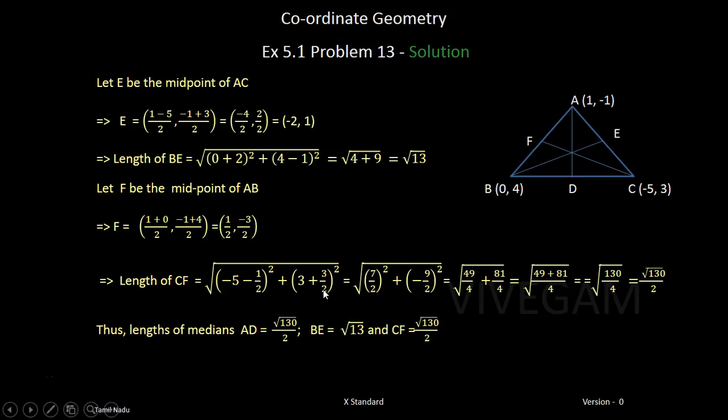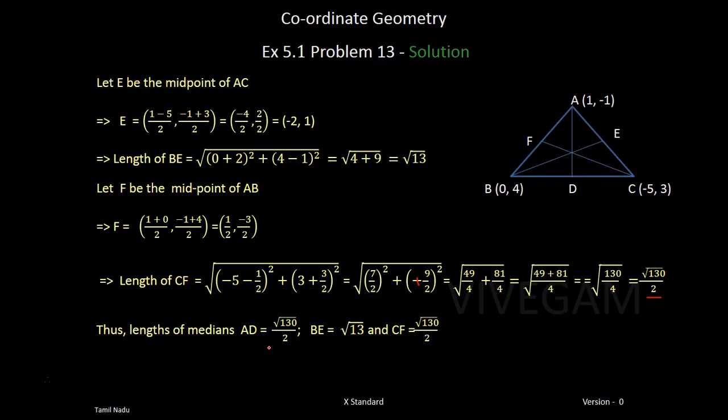So that is 9 by 2. Okay, sorry, this is plus, so that's a mistake here. This is a plus sign. So this will be 49 by 4. This will be 81 by 4. When you add up, you get root of 130 by 2.